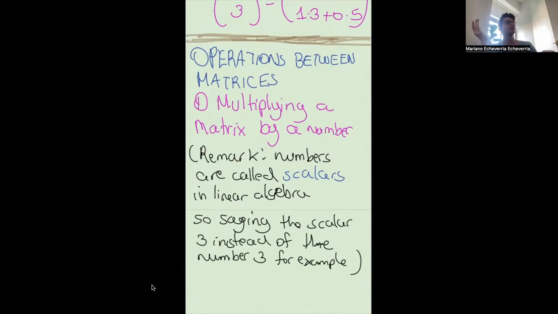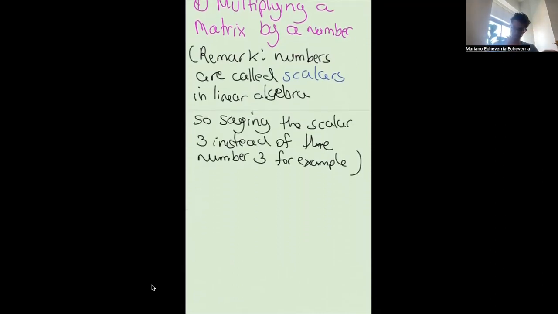But anyway, what I'm saying is that if you have a matrix and you have a number, there's a way to multiply both of them. It is so straightforward that a couple of examples should clarify it.